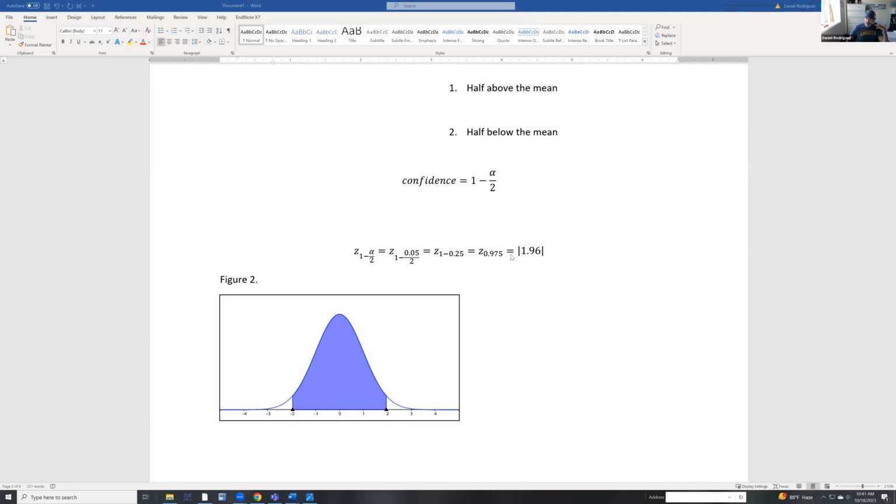Because it's symmetrical, and the confidence interval surrounds the mean, we have a positive 1.96 and we also need a negative 1.96. Basically this value is above 97.5% of all values. An important point is that outside of this value is 2.5%, and below the negative value is 2.5%.